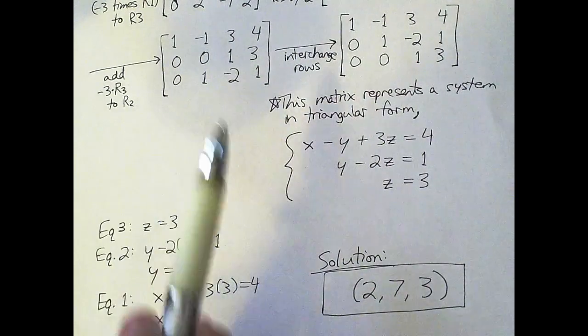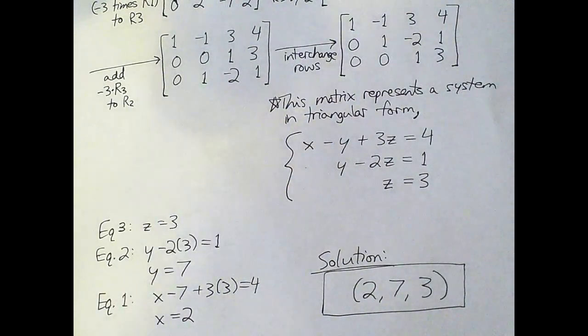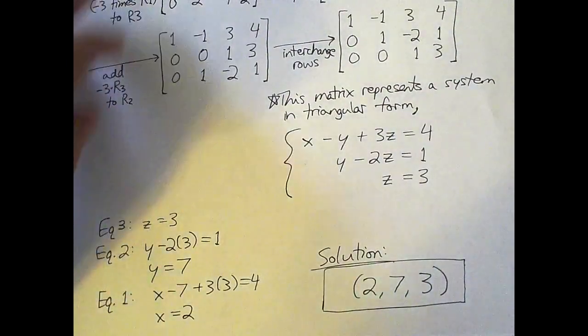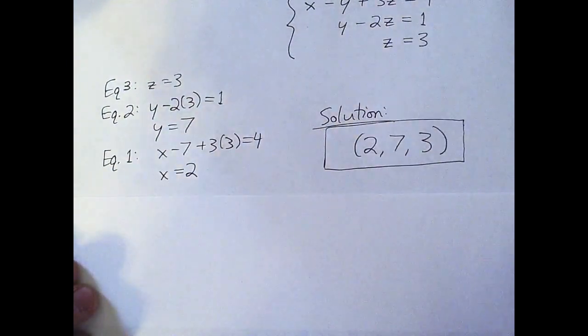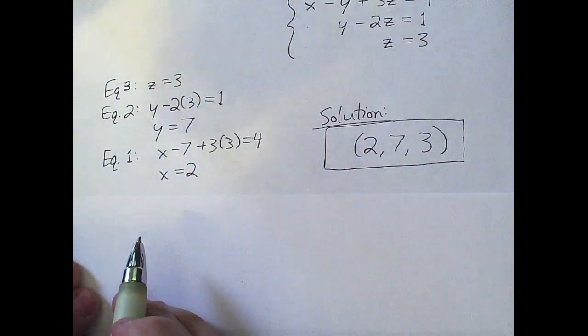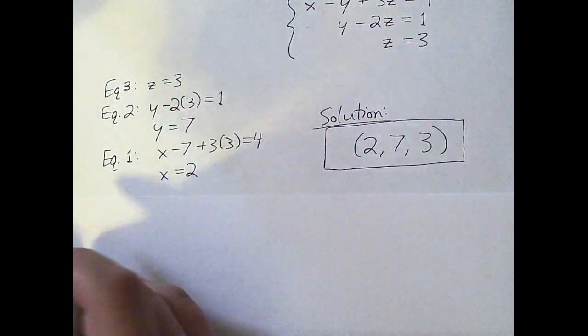And maybe if a system was even larger, then you'd have a larger matrix, and it would be really nice to just work with numbers instead of lots of x's and y's and z's and equal signs and pluses and all that. Matrices actually have a lot of uses. This is one of them. We're going to talk about matrices a little more in an upcoming lesson, I think.